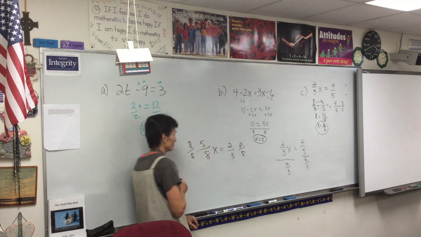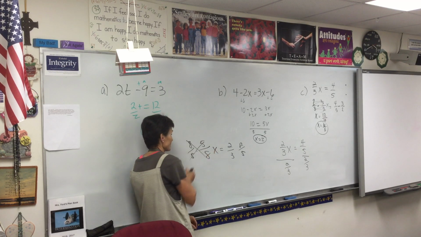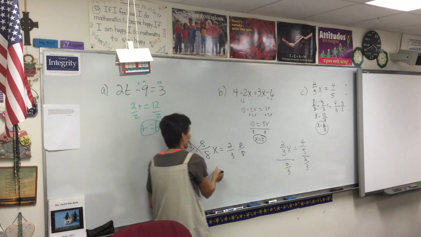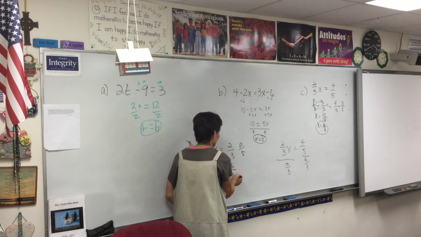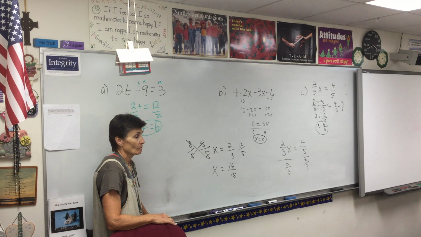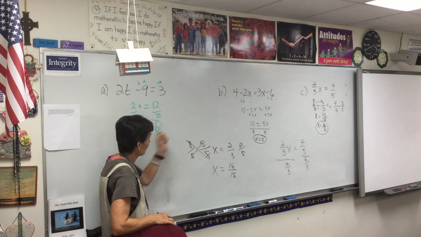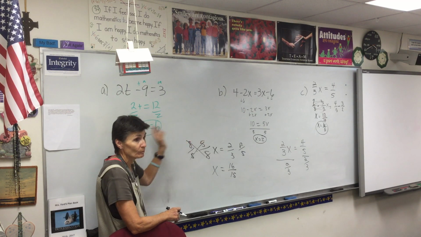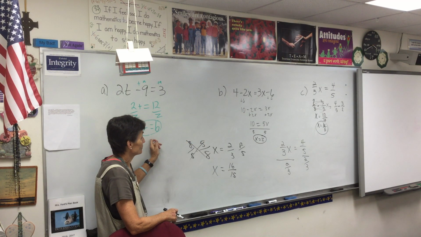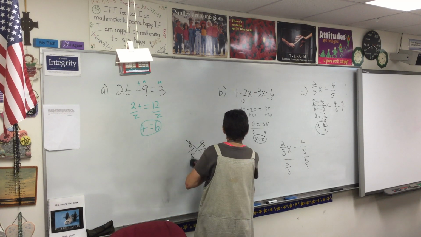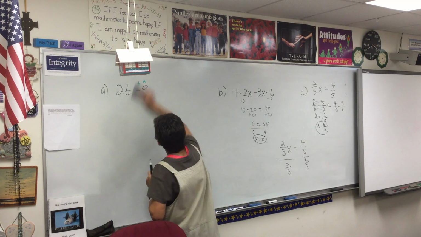Oh, you flip it. You flip it so that they cancel. See how they cancel? So x would equal 16/15. Nicely done. All three of you did a great job. Anybody have a question about these other two? Perfect. All right. Let's do one more circle problem, then we'll be done.